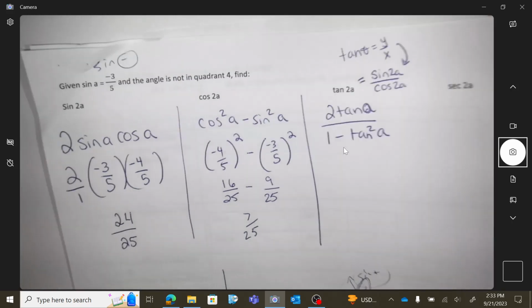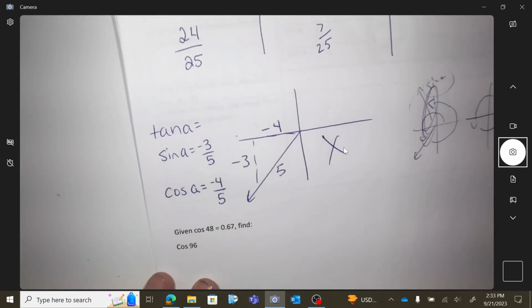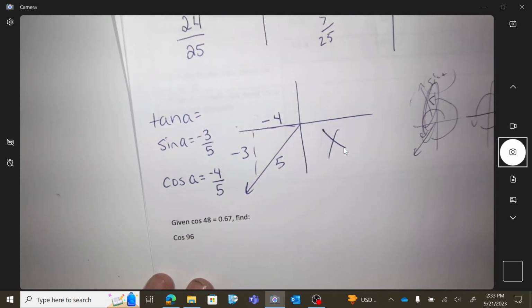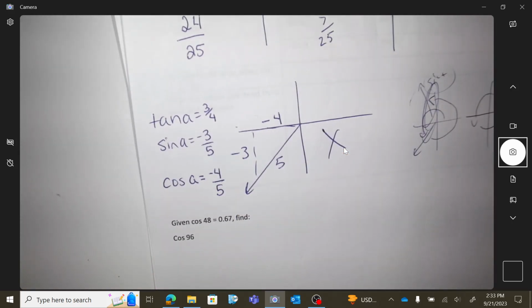Okay, I guess we should write down here, what is the tan of A here if we did our preliminary work on tan? What over what? Negative over negative, so then I'm just going to write positive out of it.